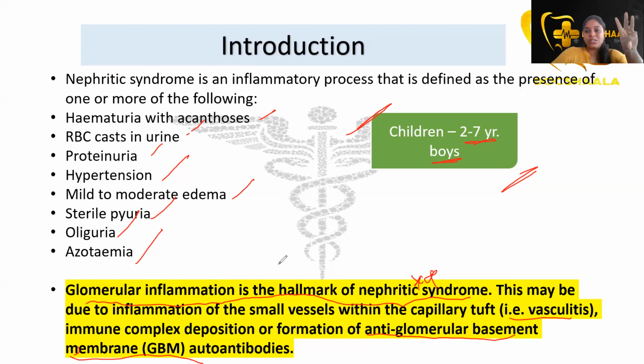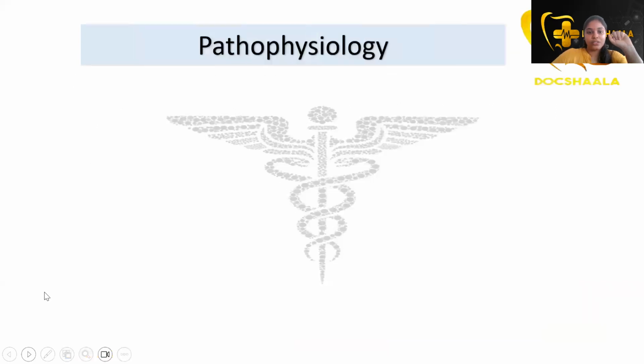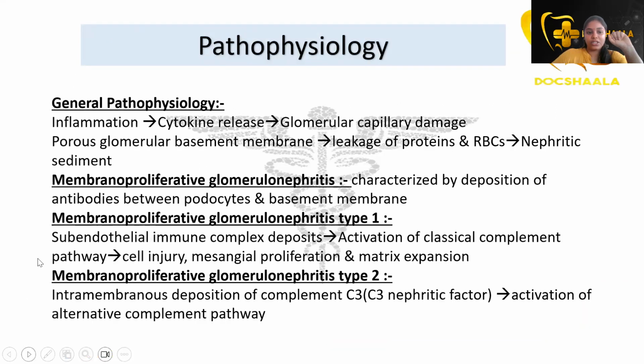So this is what nephritic syndrome is, and the brief pathogenesis behind it. Let's dive into the pathophysiology. As we have seen, the first important thing to consider in nephritic syndrome is glomerular capillary damage.